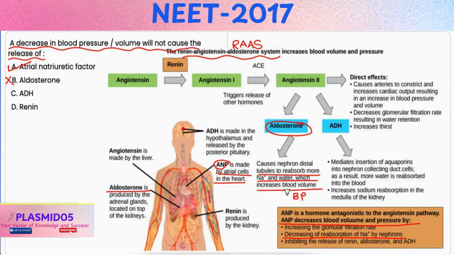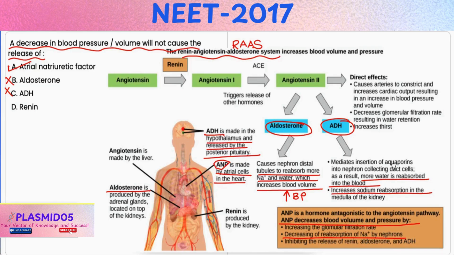Option C, antidiuretic hormone. It is also incorrect because ADH is released by the posterior pituitary in response to decreased blood pressure or volume, as it promotes water uptake in the kidneys, thus increasing the blood pressure or blood volume.